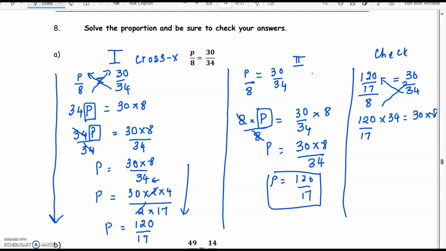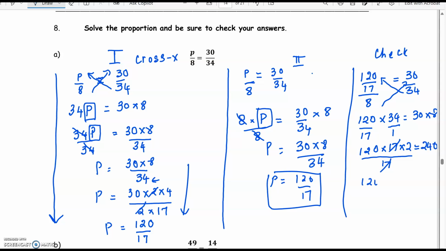So we have 120 times, and 34 is in the numerator, so it's 17 times 2 is 34. So you're dividing by 2, so just checking to see if 17 cancels, and that's equal to 8 times 3, 24, so that's 240.